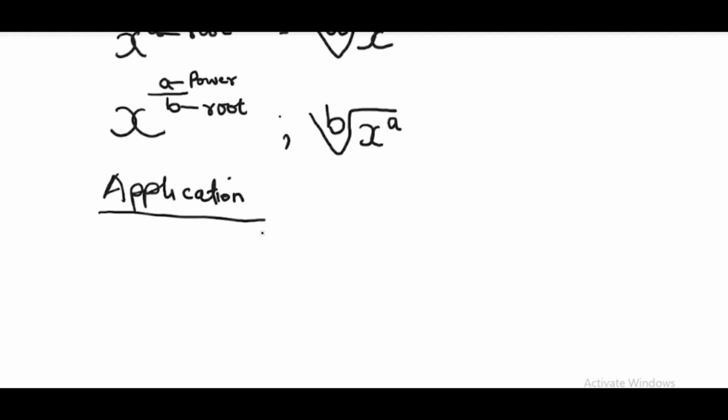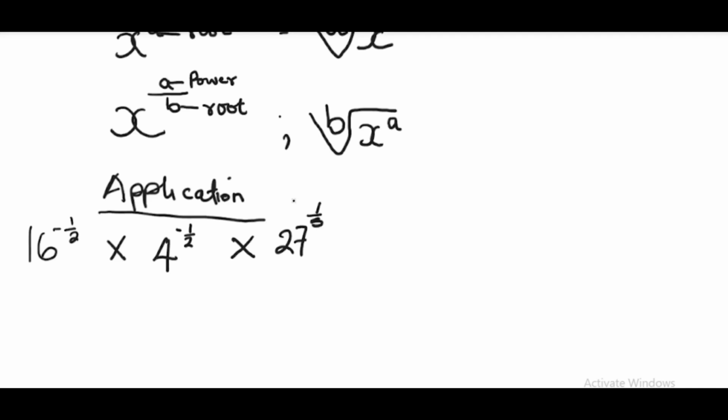The first one says 16 raised to the power of minus half times 4 raised to the power of minus half times 27 raised to the power of 1 over 3.